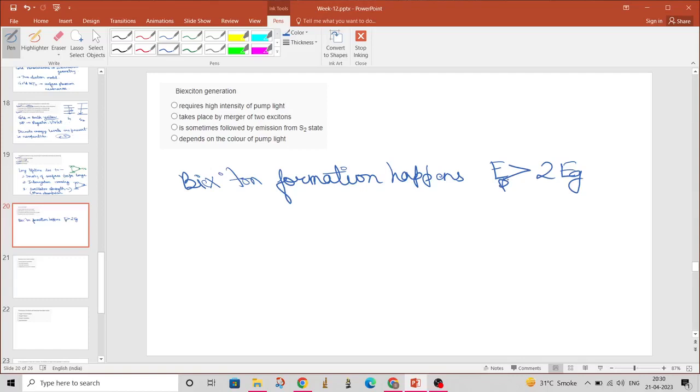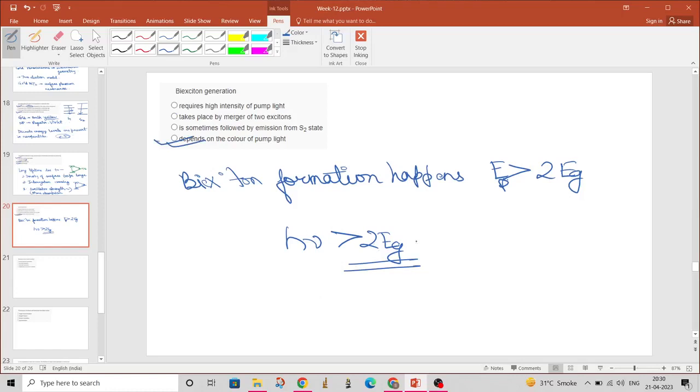Energy of the pulse, that is, photon energy greater than twice the band gap will form bi-exciton. So this is color dependent. So the answer is, it depends on the color of the pump light.